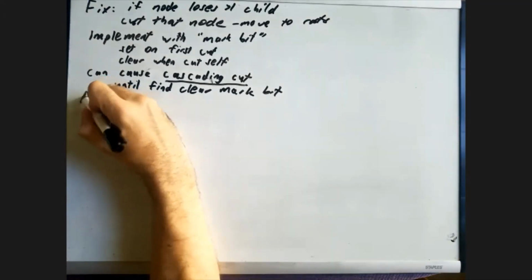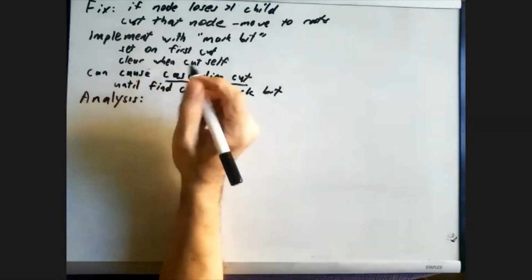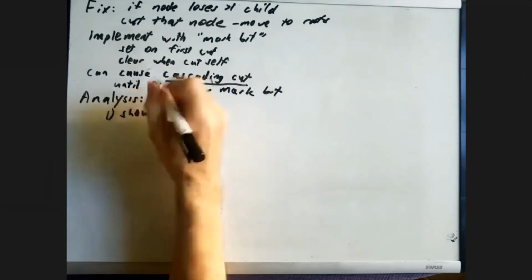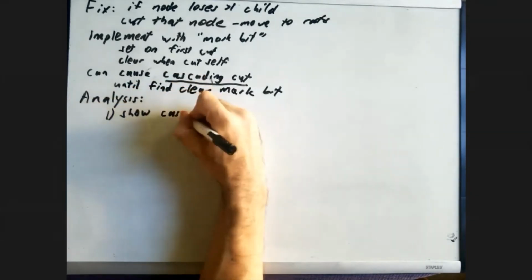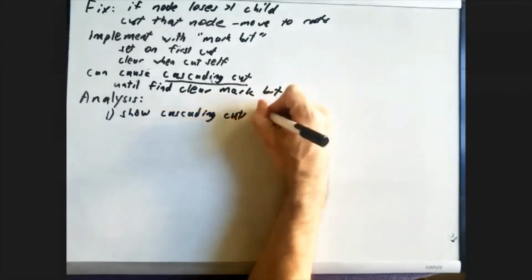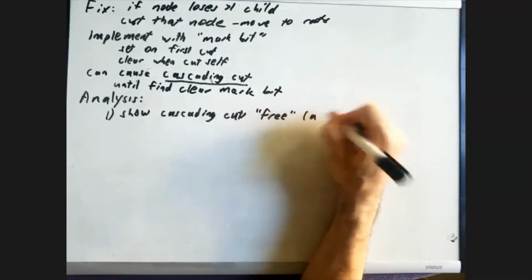So in order to analyze this, we actually have to do two things. First, we have to show that the cascading cuts are free, at least in an amortized sense.